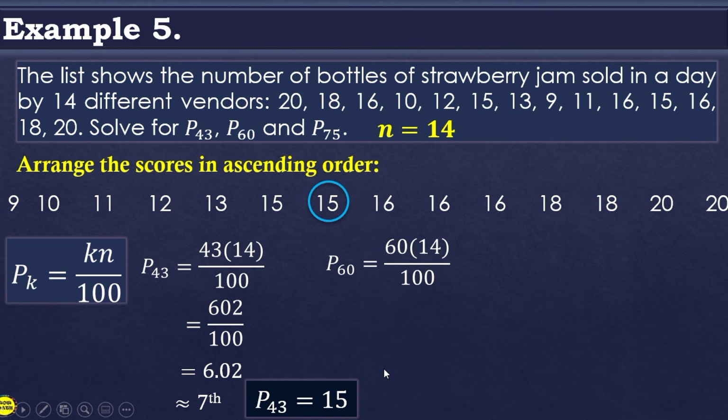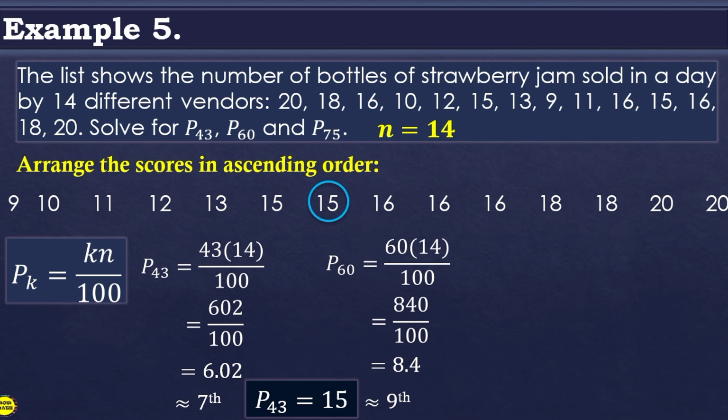Next tayo. Okay, to compute the 60th percentile, papalitan lang natin yung K natin ng 60. 60 times 14, that is 840. 840 divide 100, the answer is 8.4. Since hindi siya whole number, i-round up natin to the next whole number. So magiging 9.